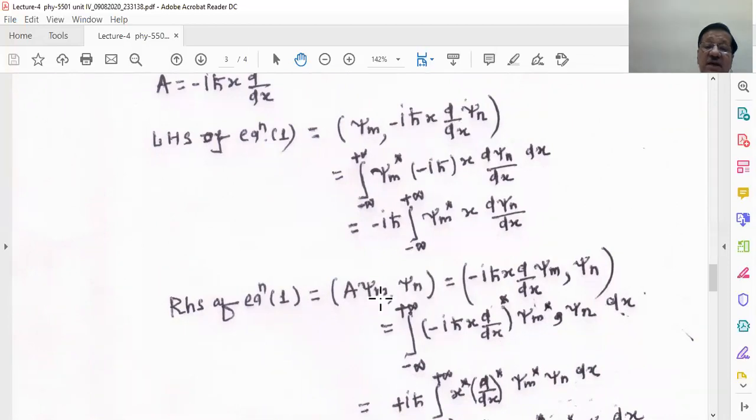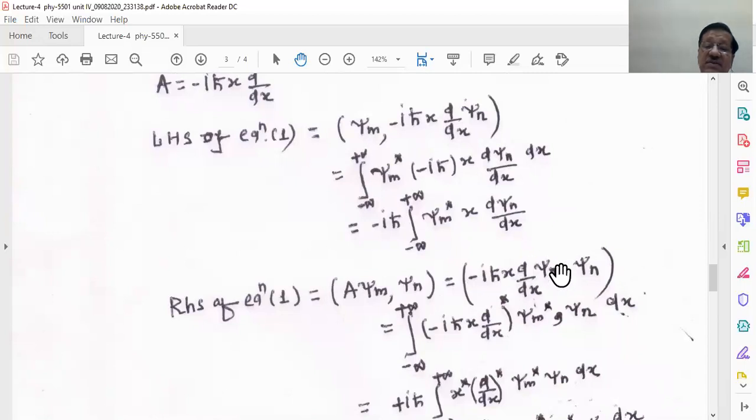So I write down A. A basically is replaced by minus iħ x d by dx, psi m. Here I put the value of A. Psi m remains as it is, and then psi m.